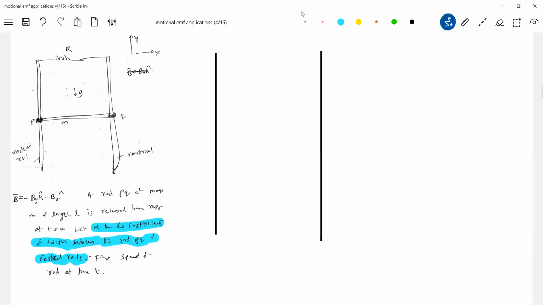This should be j cap, B y j cap and B z k cap. Now this is a resistor R. Let L be the length of the rod and M the mass of the rod, that is also given, and gravity is also given for us.